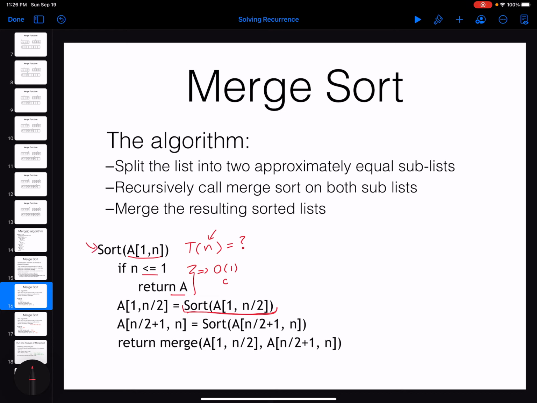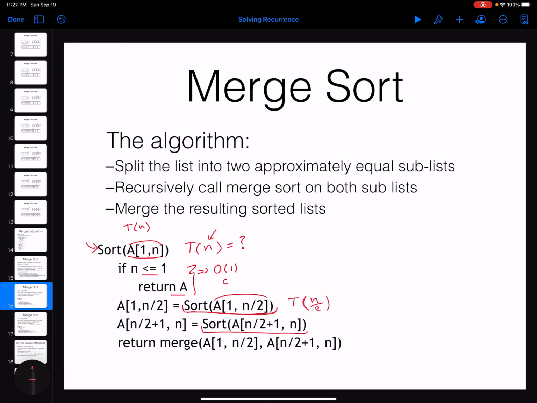So if merge sort over an array of size n takes T of n time, how much time would it take to call the same algorithm over an array of half the size? I don't know exactly, but I can say that this is going to be T of n divided by 2. You can see that I just divided the argument.